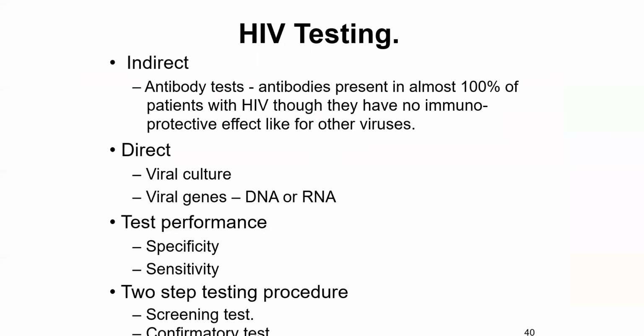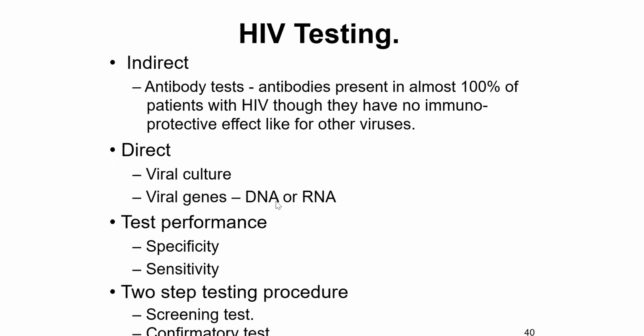Then in terms of HIV testing, we have 2 types of HIV testing. We have what we call direct tests, where we test for the virus itself. In this case, we can do viral culture or we can test for the genes. But usually we don't do viral culture, we test for the genes.